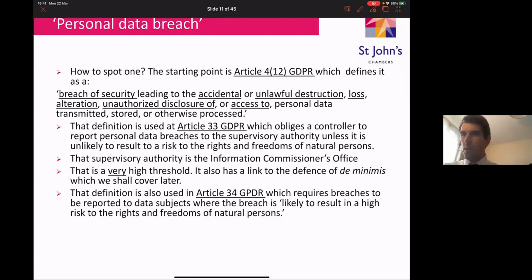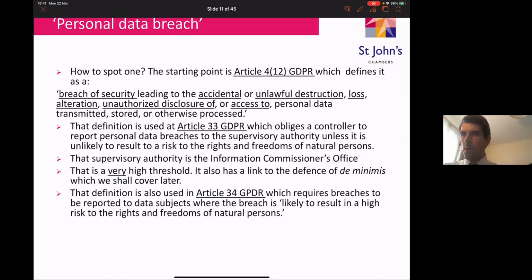And that's a definition which is used repeatedly throughout the GDPR, at Article 33, and that's the one with which you will be familiar if you've had controller clients who have had to report personal data breaches to the supervisory authority, which in our case is the Information Commissioner's Office, the ICO.